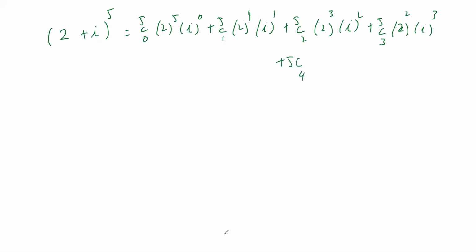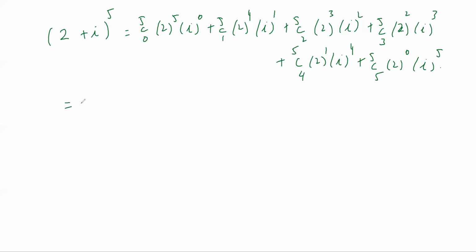This 5 should be written a bit higher. Okay, this is 5c4, and then you have 2 raised to power 1, iota raised to power 4, and then you have 5c5, 2 raised to power 0, and this is iota raised to power 5. So this is your binomial expansion. Do you remember this, Pacho? Yes? Okay.